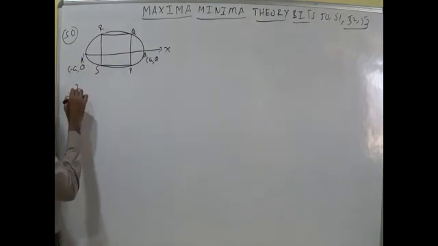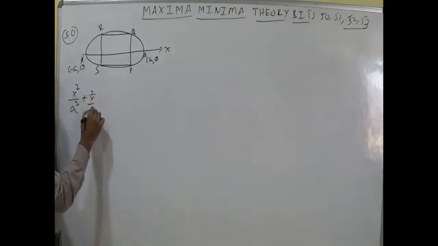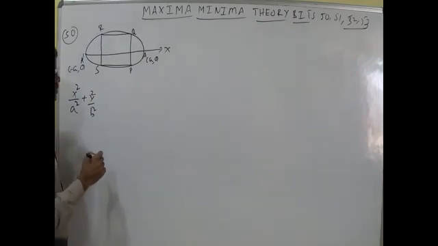We know that the standard equation of the ellipse is x square by a square plus y square by b square is equal to 1.